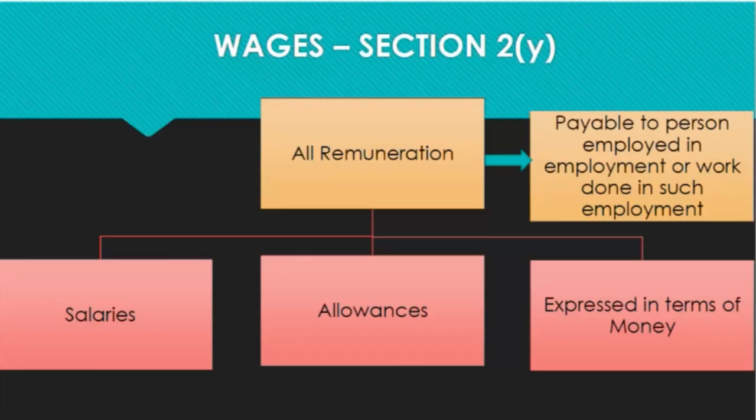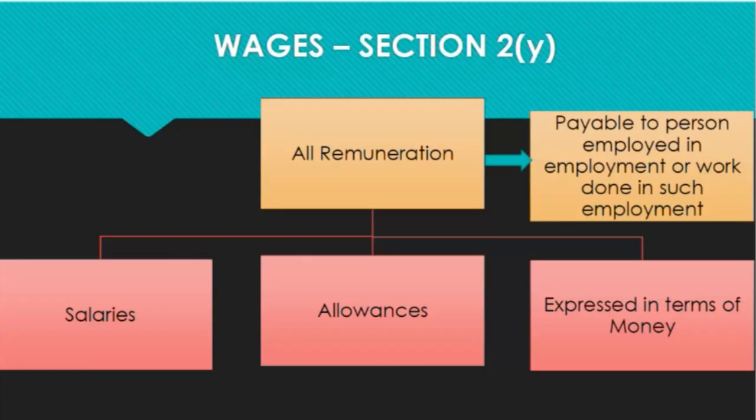It states that wages will include all remuneration that is payable to a person employed in respect of employment or work done in employment that can be expressed in terms of money. So it includes any payment that is made towards the employment that can be expressed in monetary terms.